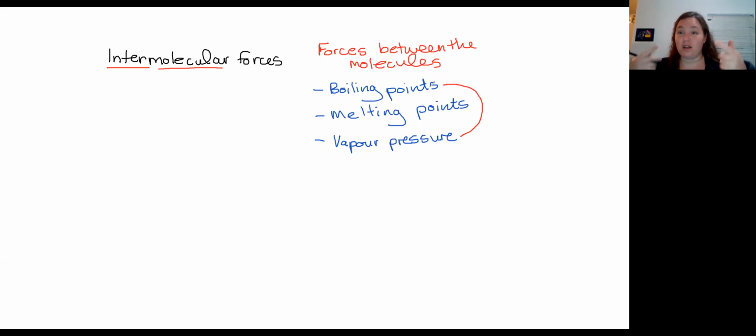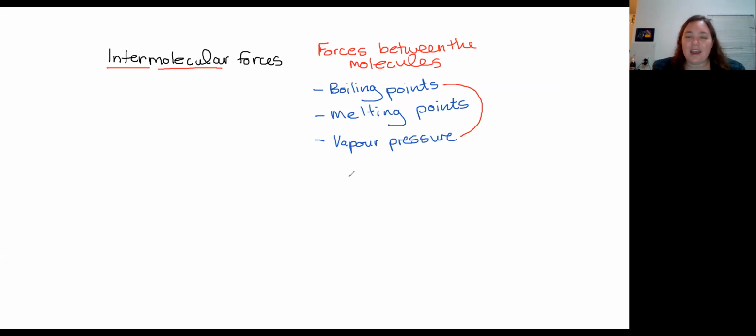And if you've got to put in lots of energy at any temperature, you've got to raise or get to a higher temperature to get it to boil, you're going to produce relatively less gas. Think about it. You've got to put in lots of energy. It's not going to boil. It's not going to make a gas. And therefore, the pressure of that is going to be low. Because if you've got a lot of gas, you've got a lot of gas pressure. Please remember that vapor is another word for gas.